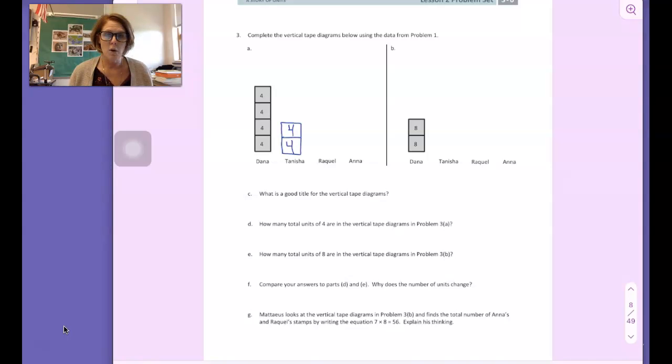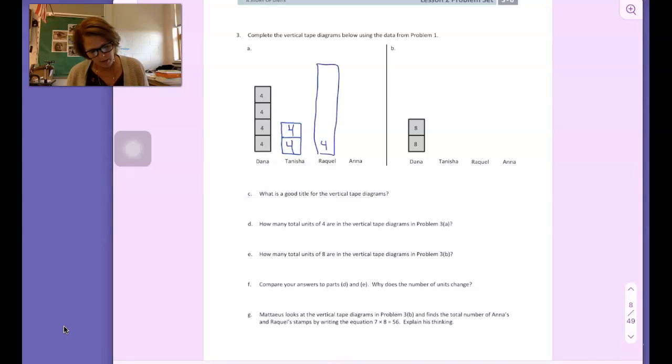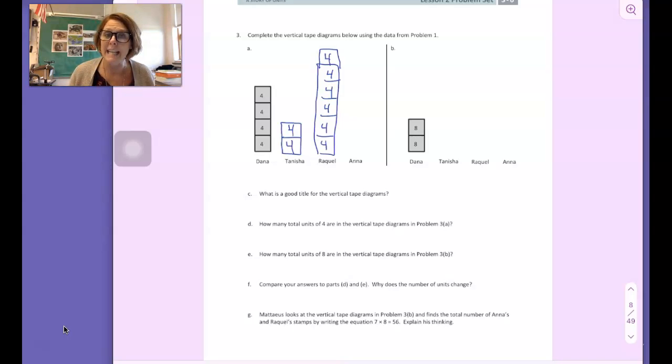Raquel, go back and see how many groups of 4 she had. She had 6, so we're going to go up a little higher. And if you have to add one on like I did, that's okay. So she has 6 groups of 4.